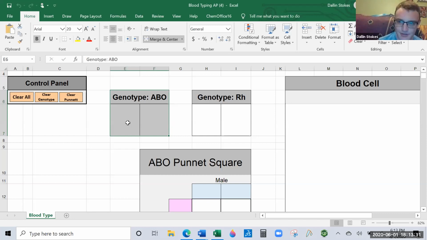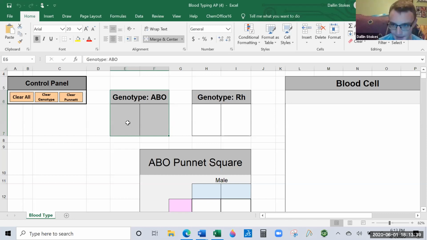The other one is complete dominance, because the O allele is recessive to both A and B. Does that make sense? So if the O allele is paired with A, you don't wind up with an AO phenotype, because there's no such thing as AO blood type. It's A blood type, because the A overpowers the O, but the A can't overpower the B, so you wind up with AB phenotype.